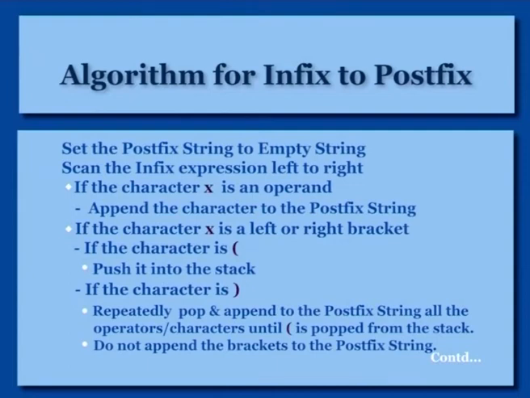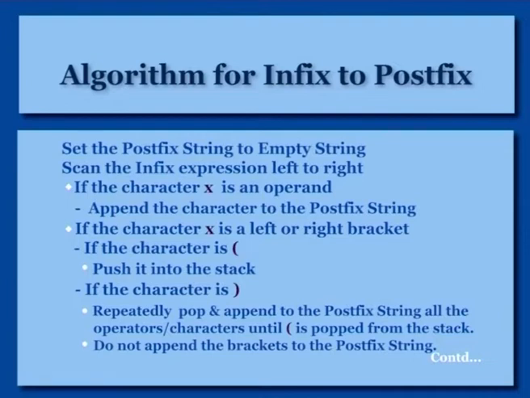The infix string is scanned character by character from left to right. There could be 4 types of characters. The character could be an operand, an operator, or an opening or a closing bracket. If the character is an operand, then it is appended to the postfix string.